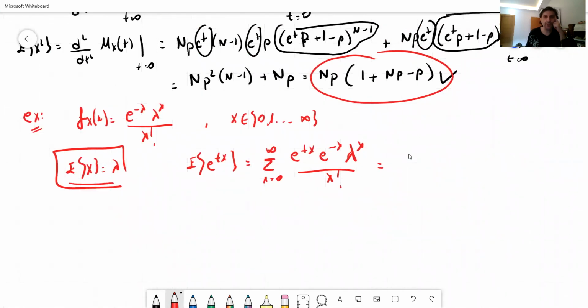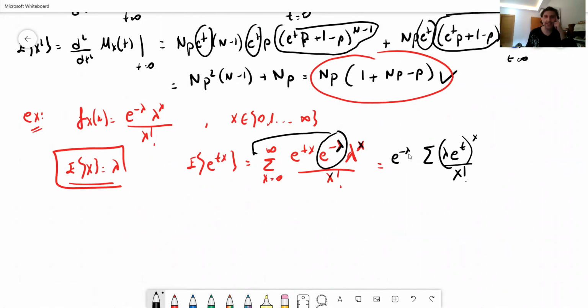This term, exponential minus lambda, can be taken out, and we have here exponential t lambda to the power x divided by x factorial, and this is x from 0 to infinity.